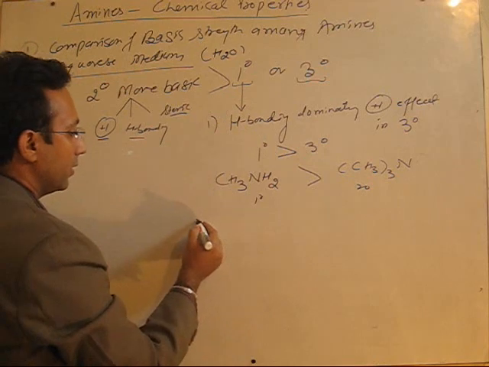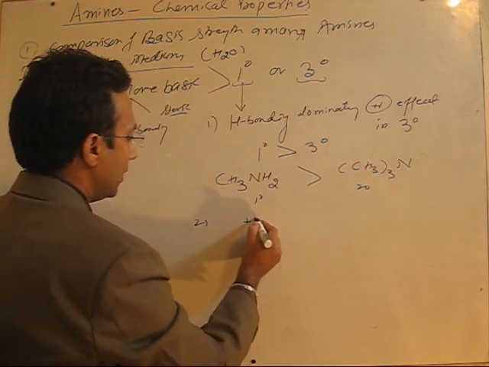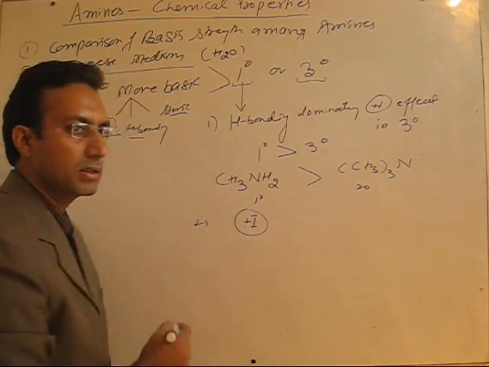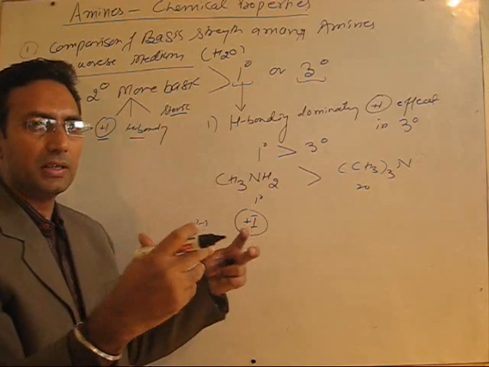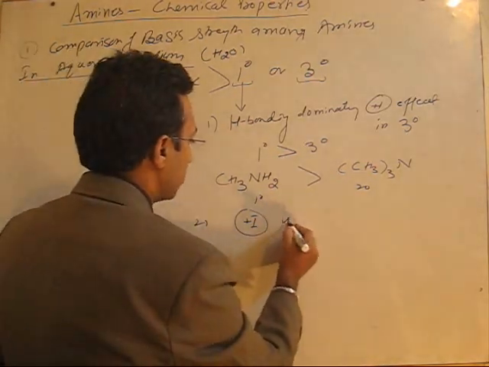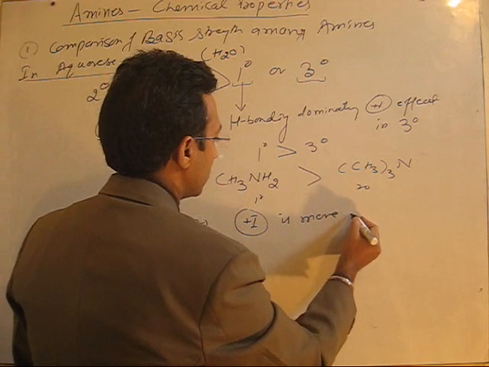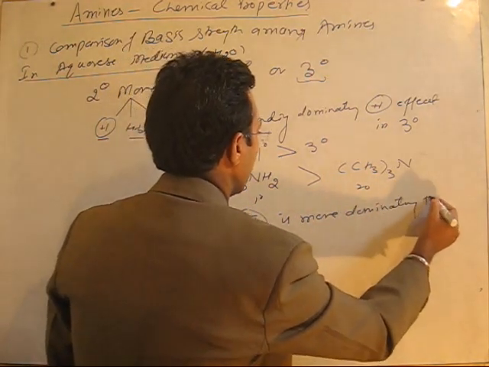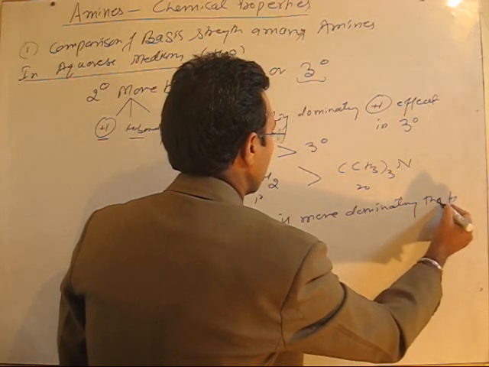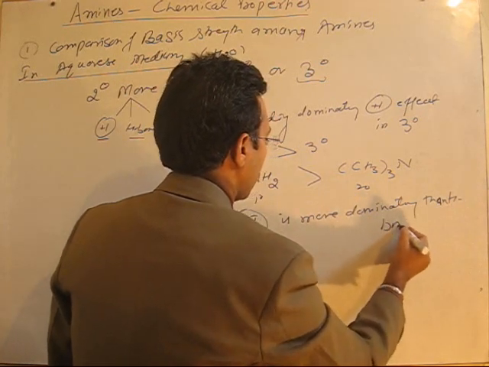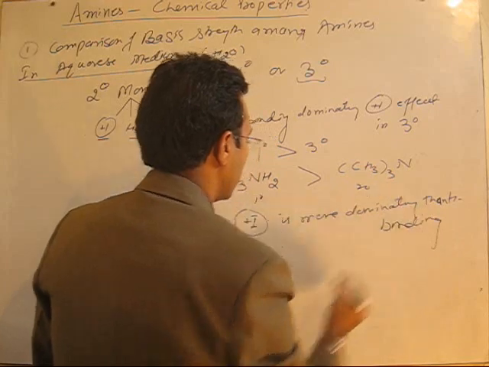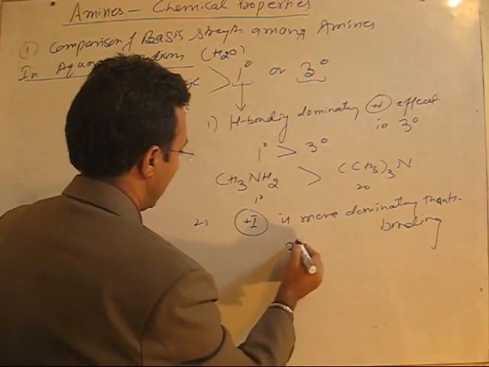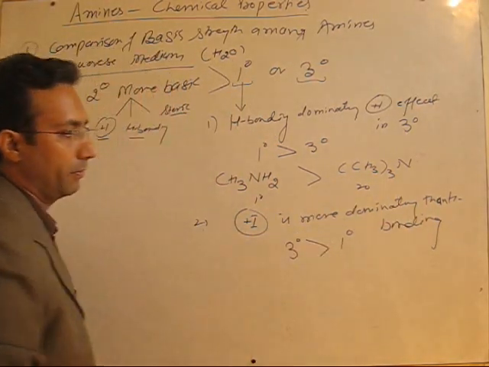And number two, if the plus I effect, that is the effect of increasing electron density on nitrogen, is higher and more dominating than H bonding, then in this case tertiary amines are more basic than primary.